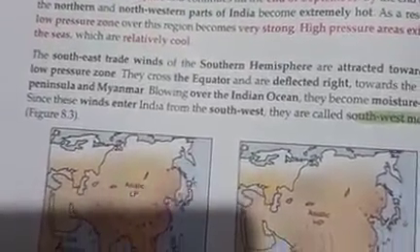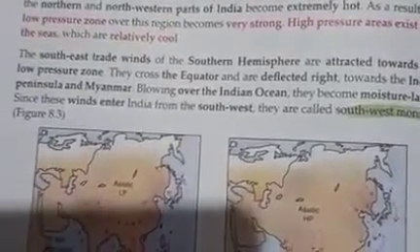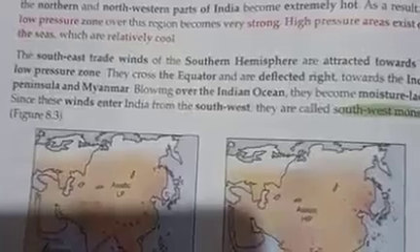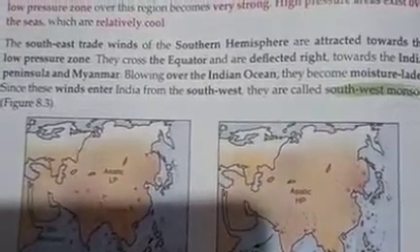The southeast trade winds of the southern hemisphere are attracted towards this low pressure zone. They cross the equator and are deflected right towards the northern peninsula and Myanmar.